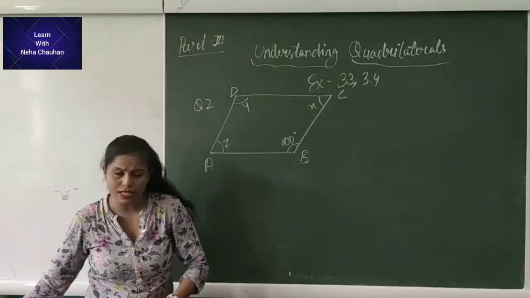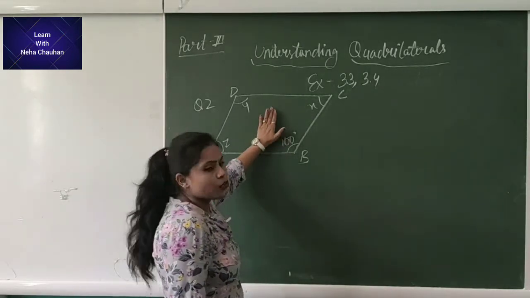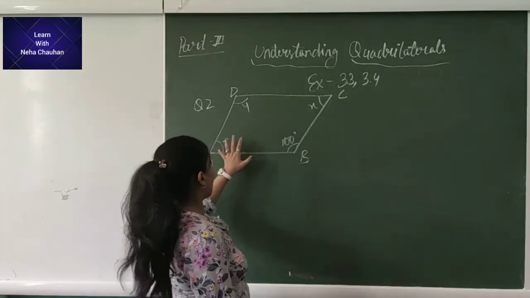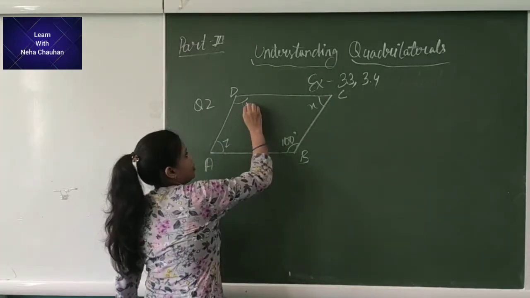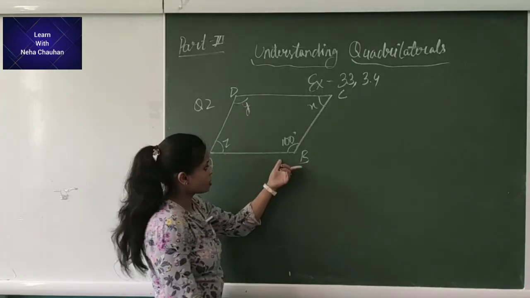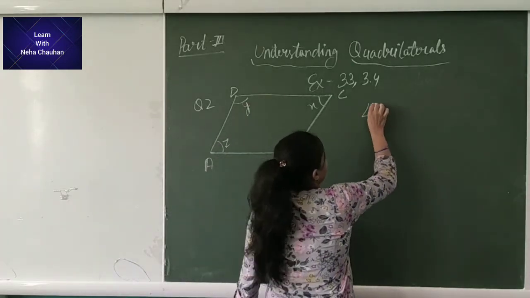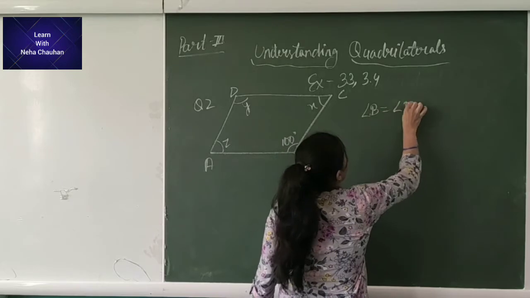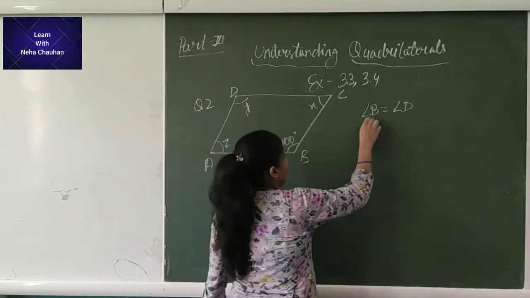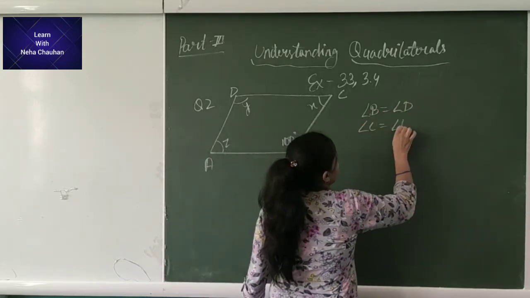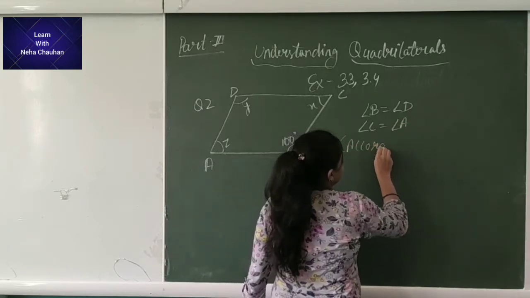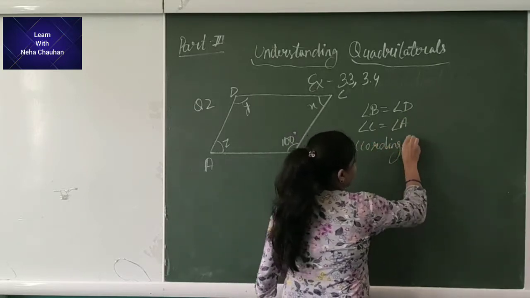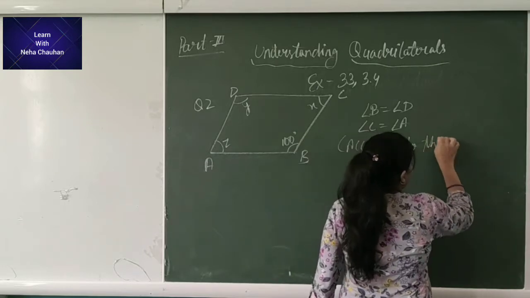Before starting this, we know the property that opposite angles are equal to each other in a parallelogram. That means angle B is equal to angle D. Angle C is equal to angle A according to the property.